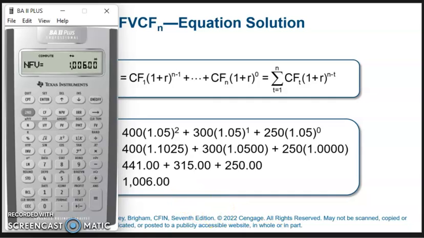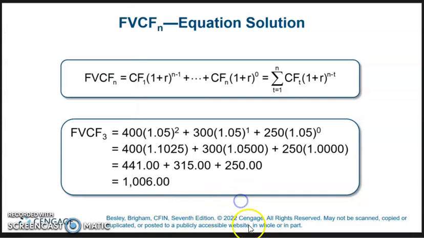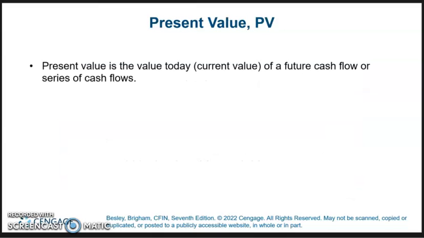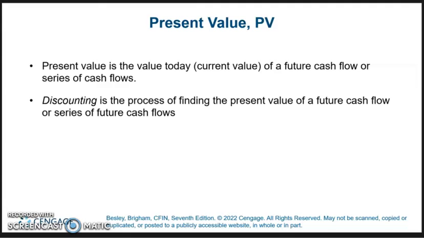So now we're going to move on to present value. Present value is the value today, the current value of some future cash flow or series of cash flows. Discounting is the process of finding the present value of future cash flows, whether they be an annuity or a lump sum.